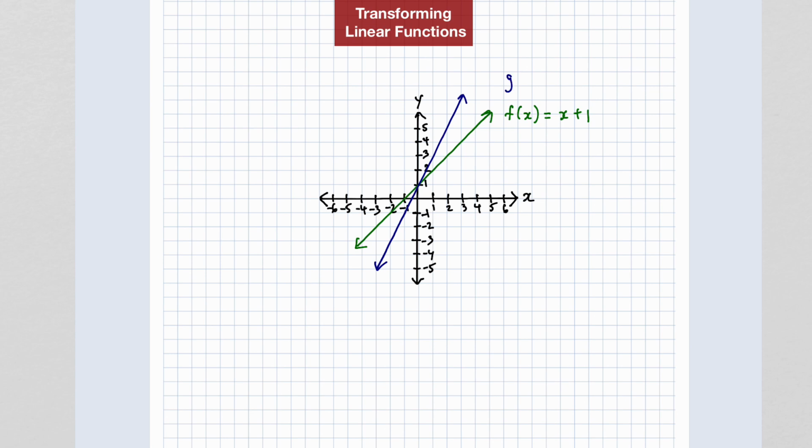We'll call this g of x is equal to, this will be the k would be 2, and the rest of the equation would be x plus 1. And what we have here is called a horizontal compression.